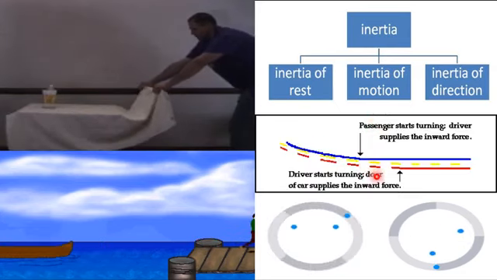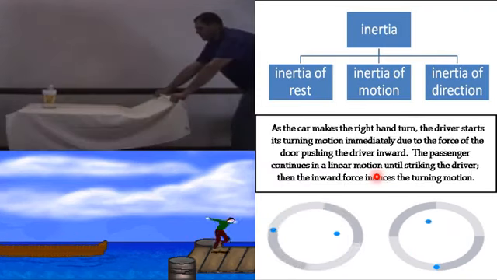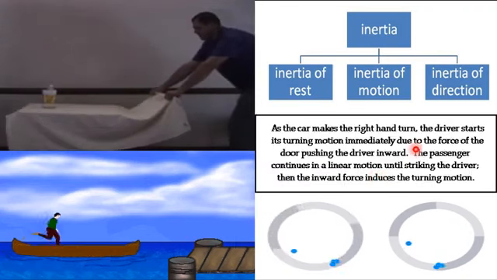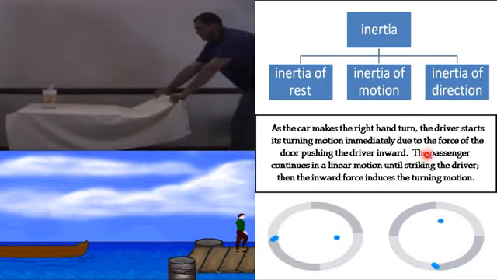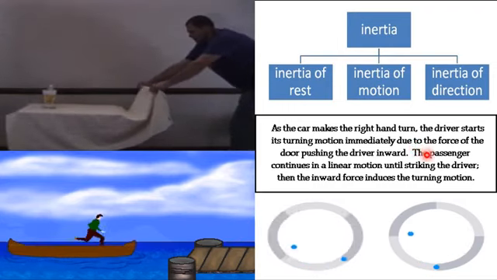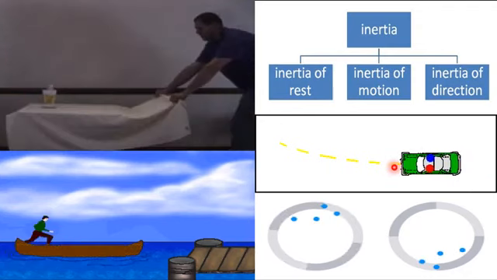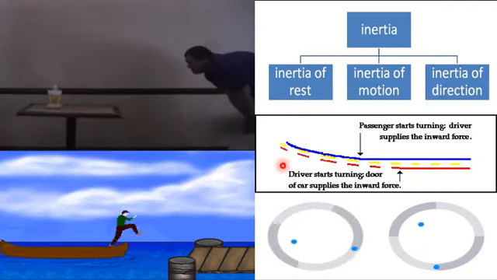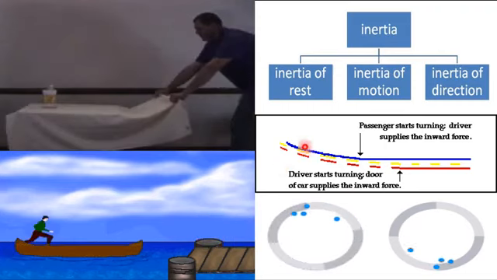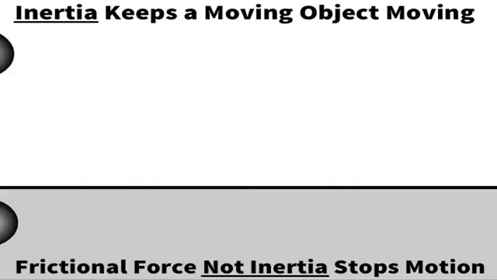Here in inertia of direction, you will be able to see a car moving. You will be able to see two people. As the car is going to take a turn, you are able to see the two people moving towards one corner, because of the inertia of direction.